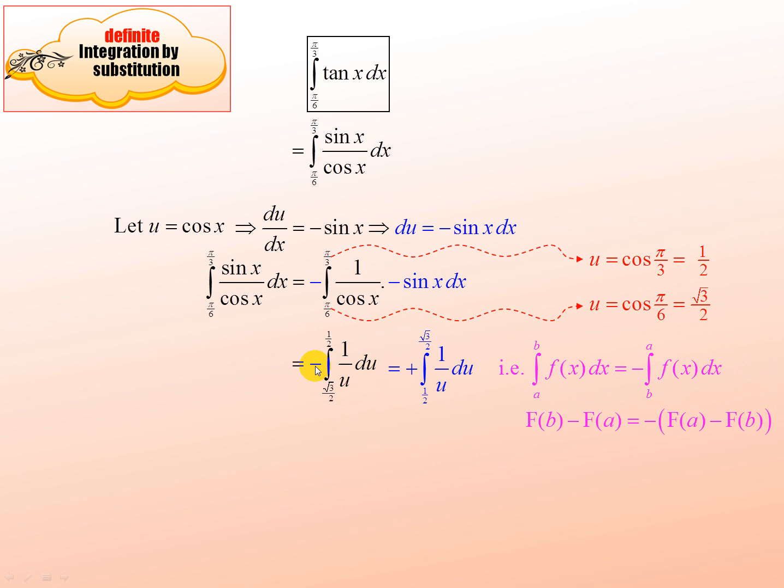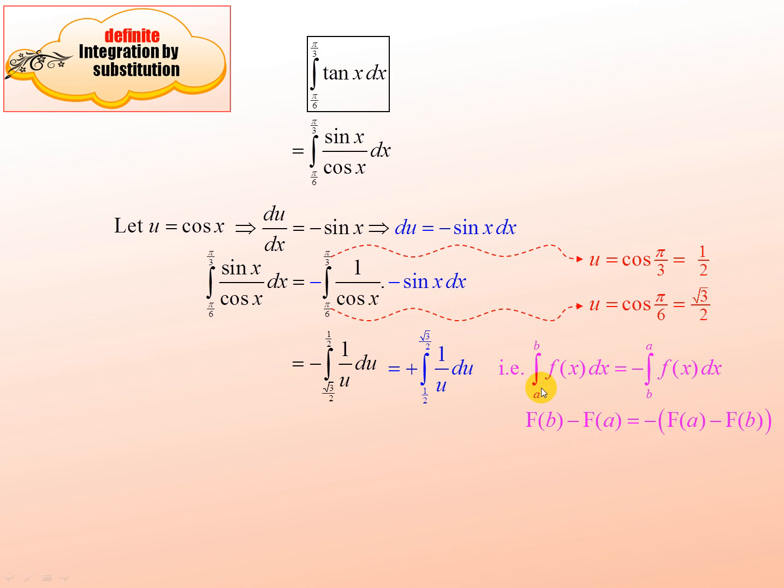Now a little note here that the negative of this is the positive of this, and I've switched those numbers around. In other words, I'm saying the integral of f of x from a to b is the same as the negative of the integral of f of x from b to a. Here's the reasoning. Remember back to the fundamental theorem of calculus, we talked about the uppercase F of x as being the integral of f.